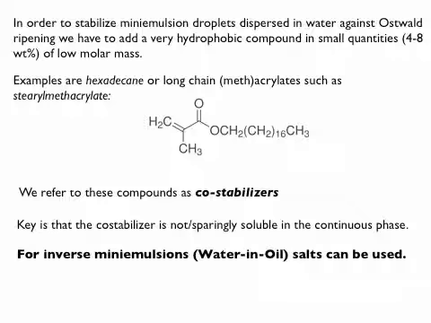So I have tiny water droplets dispersed in oil. Yeah? What compounds would I use then? I have to use something that's not soluble in the continuous phase. Salt is not very soluble in oil, so that would be a good thing. Yeah? So I can use salts for this particular system.